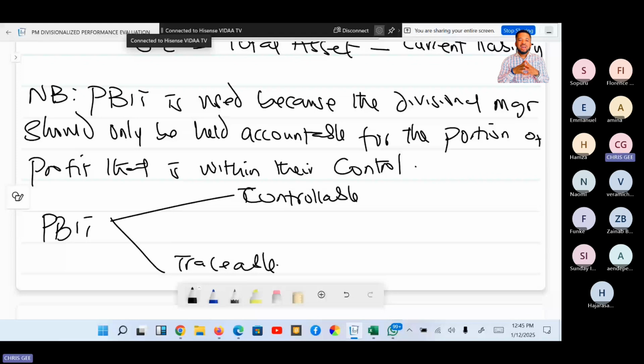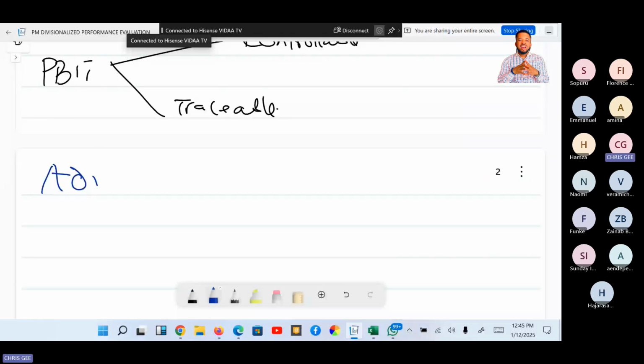All right. So we've also talked about traceable. So let's look at advantages and disadvantages. Advantages of RoCE.